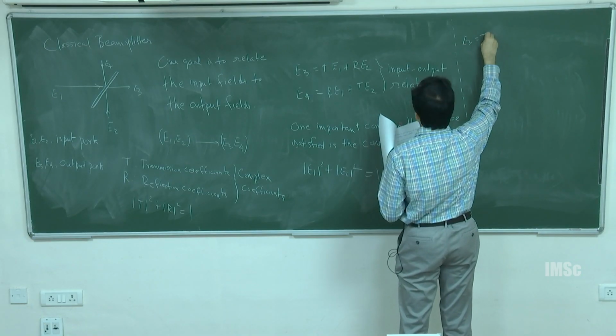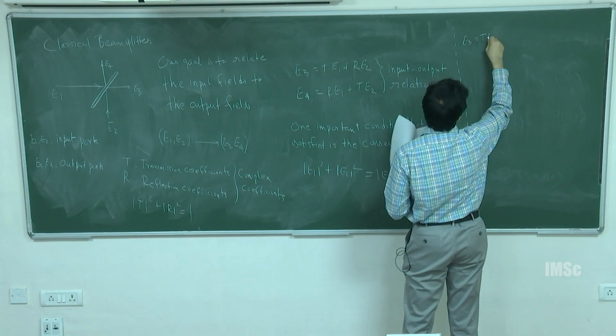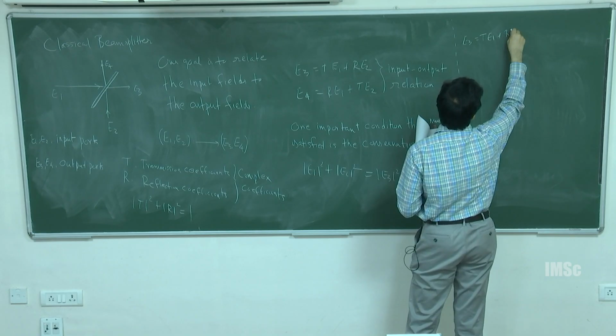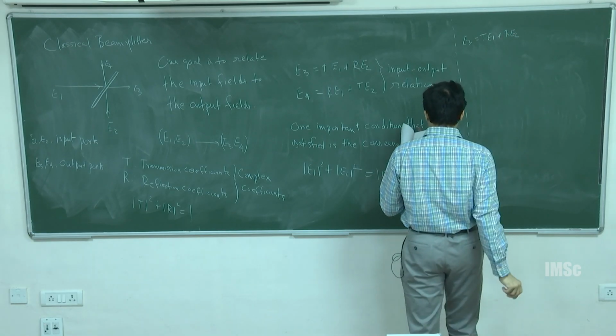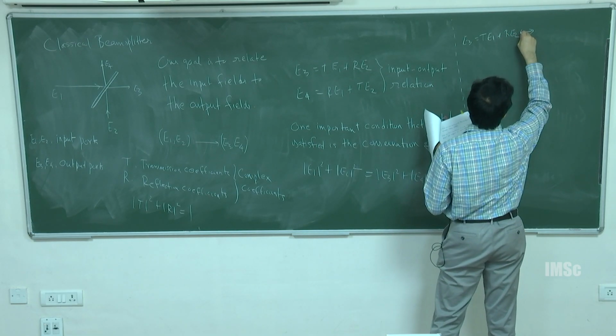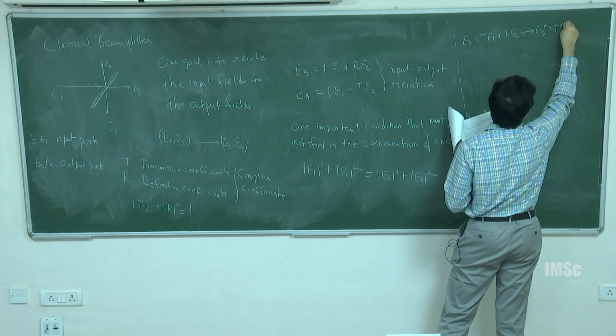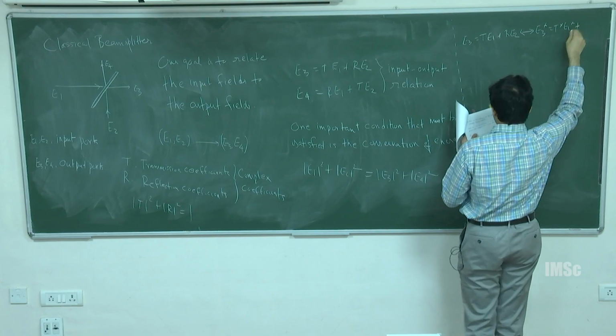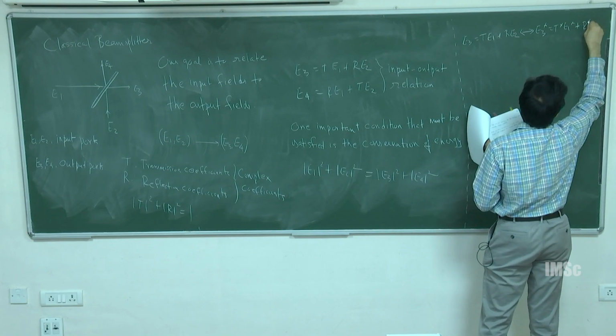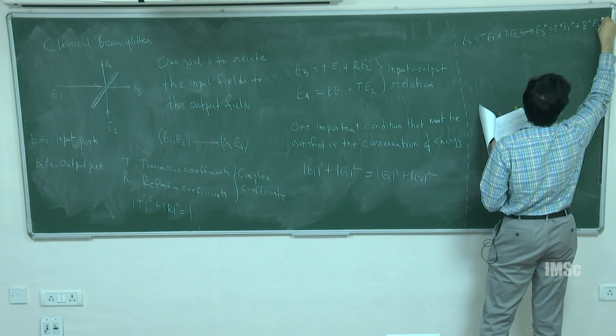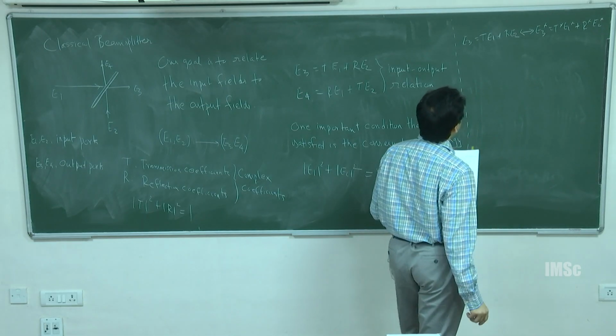So E3 is T E1 plus R E2. Now take the complex conjugate: E1 star, E2 star.